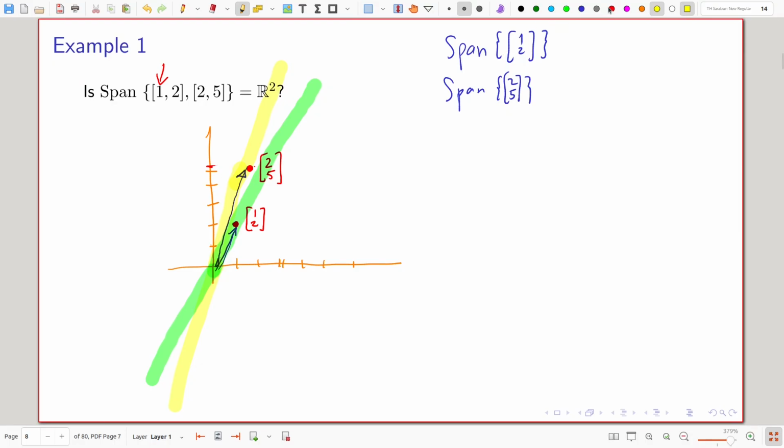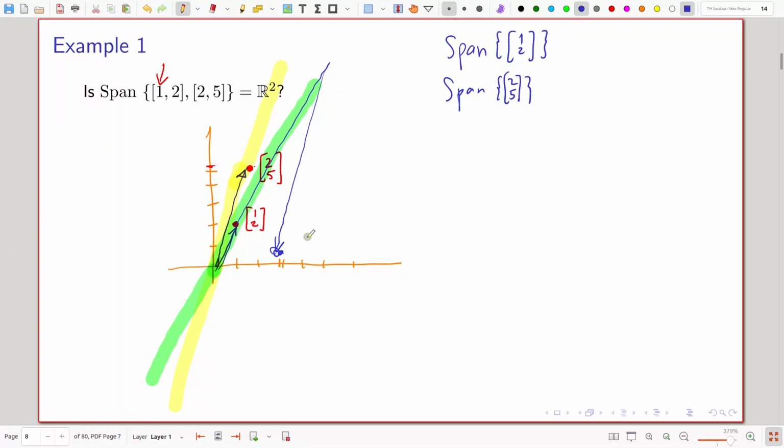If you want to go to this point, for example, you basically go in this direction and then you come back with that direction slightly and then you come back to this. Okay? You can see that by combining these two vectors appropriately, you can go anywhere on the plane, right?